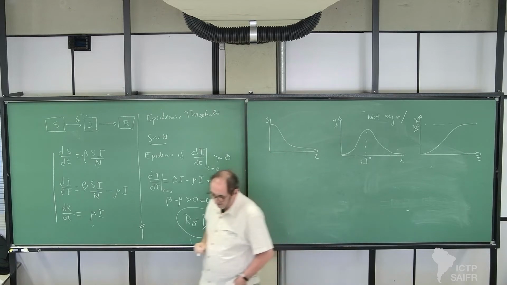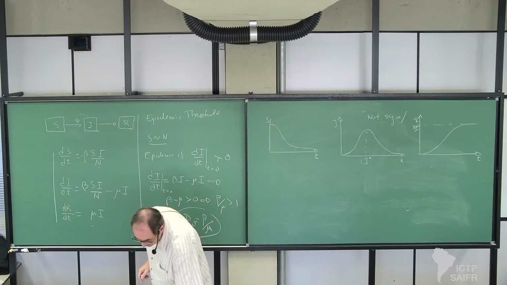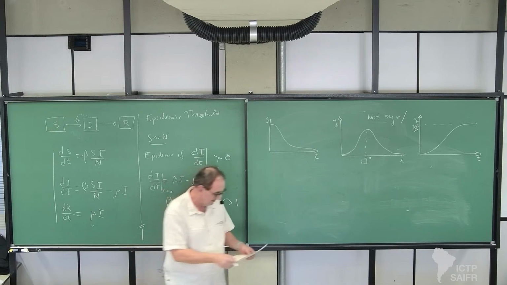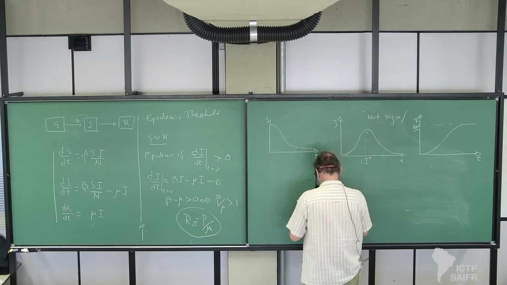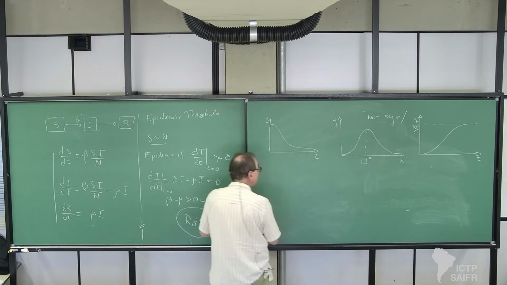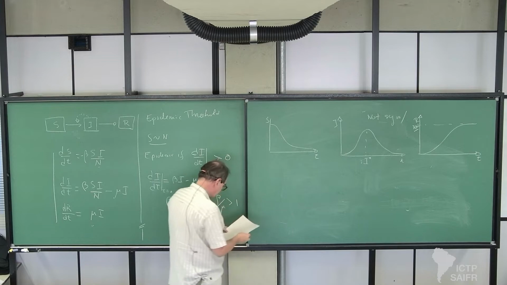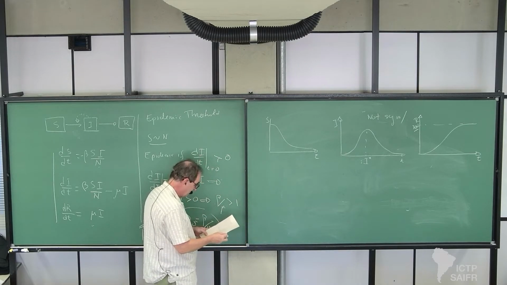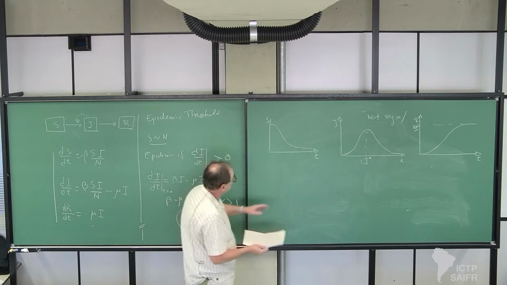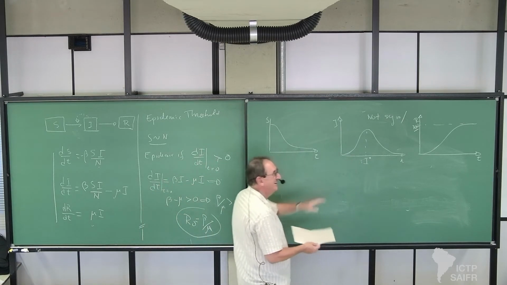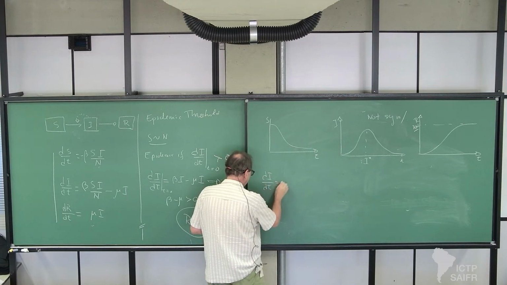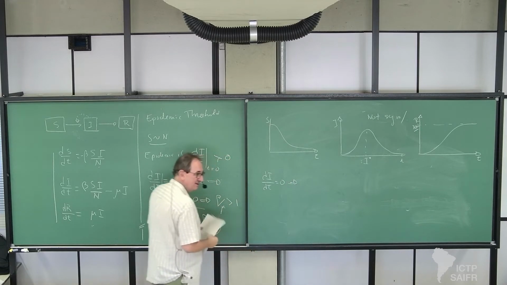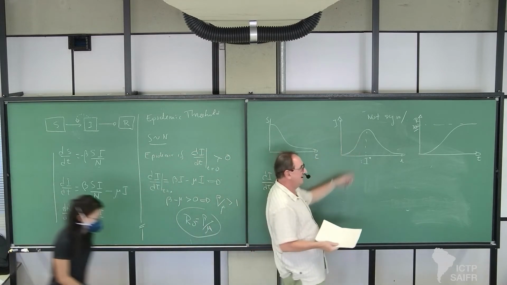That is very easy because at the peak, it's not very easy to calculate it this way, no. But at the peak, dI/dt is equal to 0. That's when the derivative is 0.